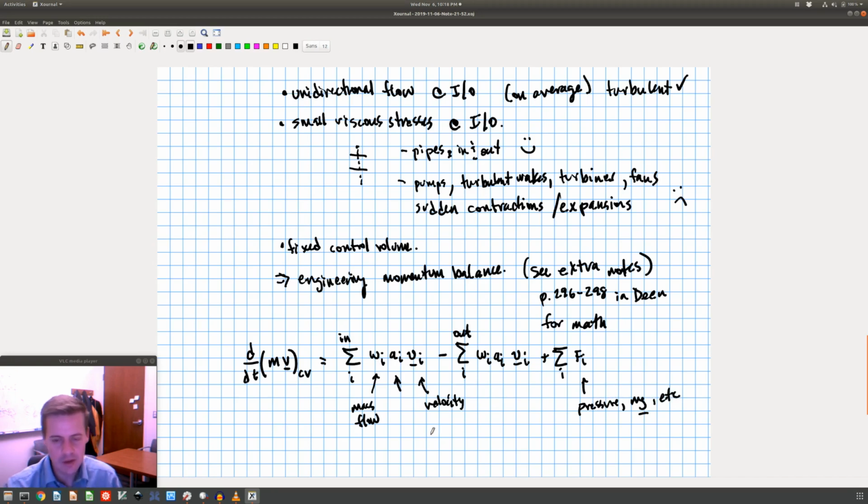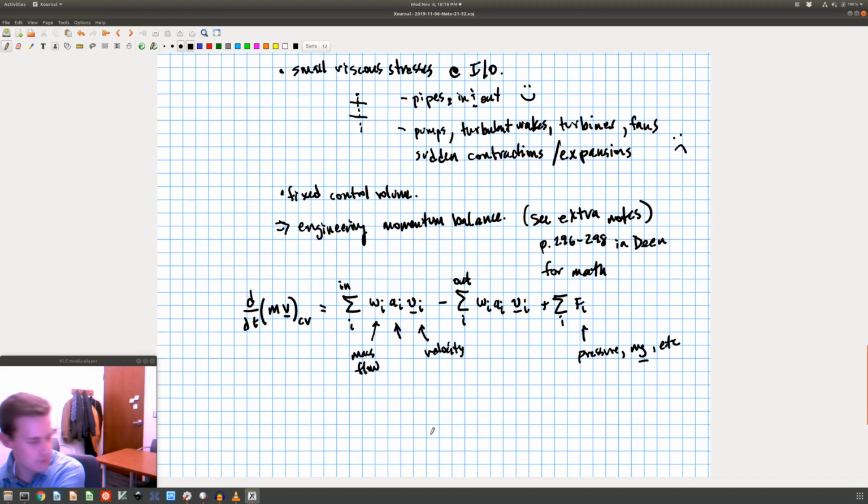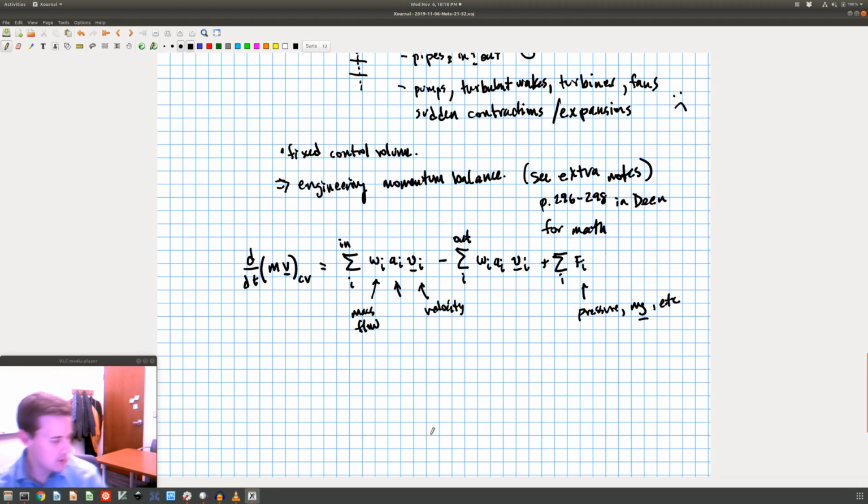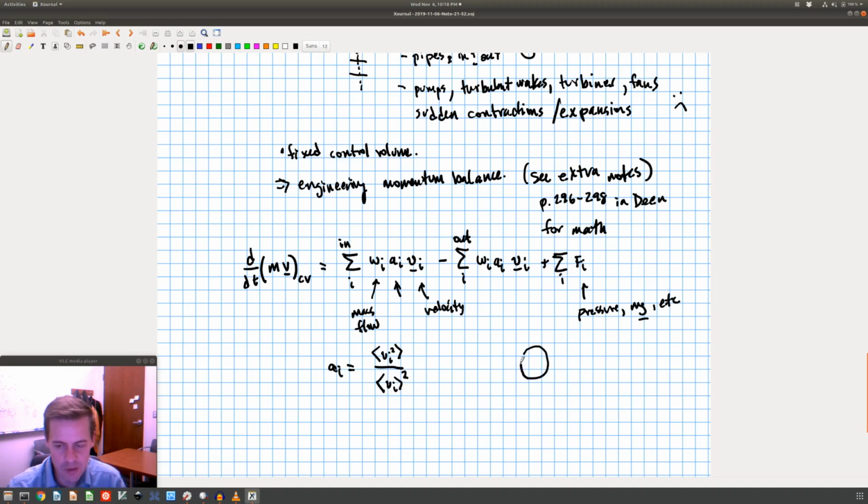So what is this AI? I need to write down what that is. So AI is equal to the average of the velocities squared divided by the average velocity squared. The difference here is the squared is inside. So this is like a variance of the velocity divided by the velocity. So what I'm doing here is, say I have a pipe.